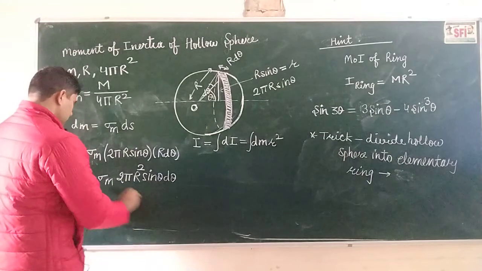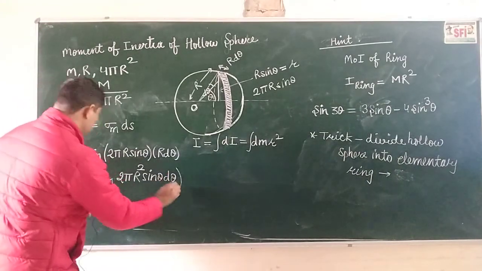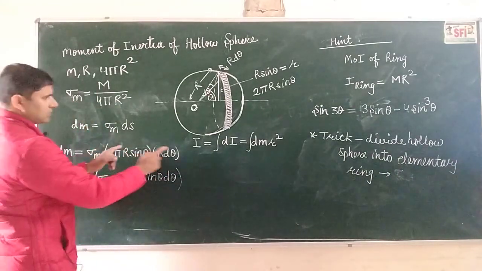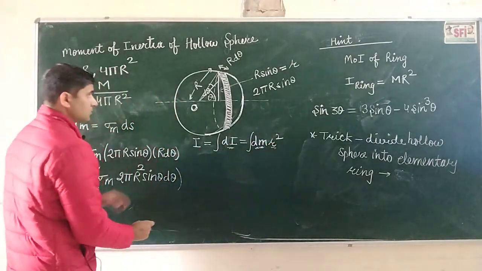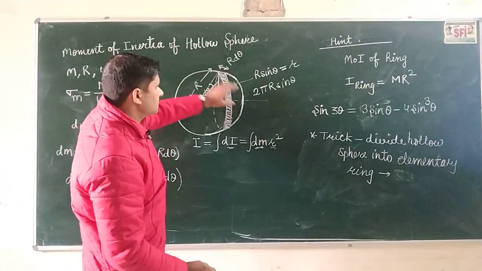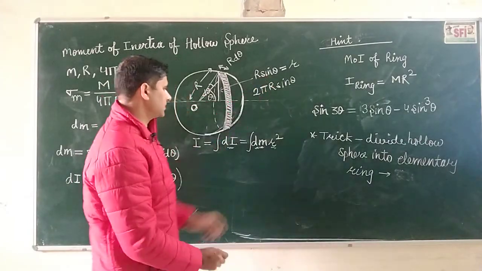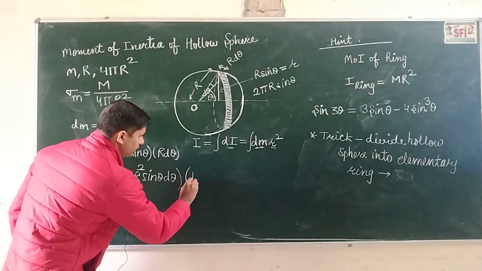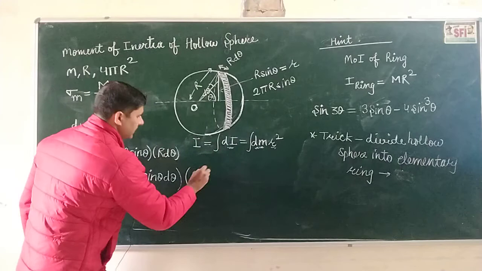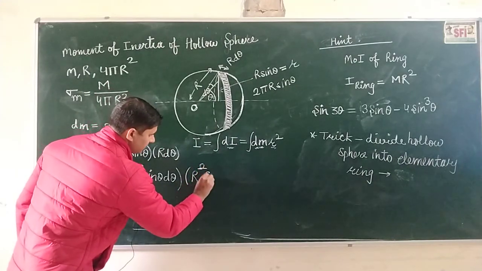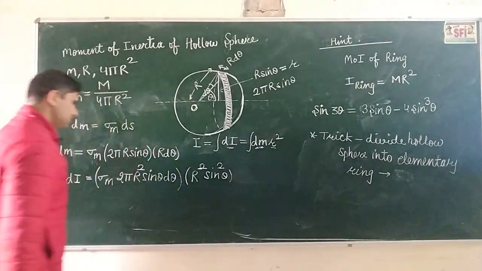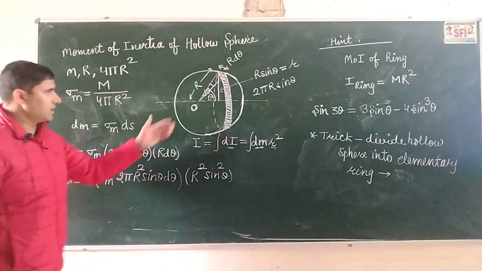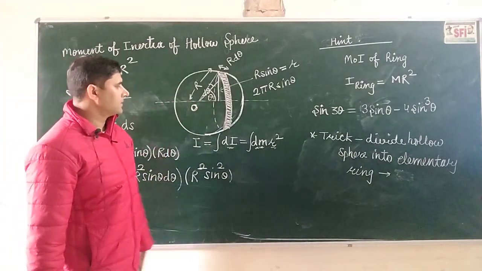Okay, this is the value of dm. Now you are to multiply dm by the ring radius square to find dI. So if you put the value, that will be capital R square into sin square theta. So this will give you the moment of inertia of this elementary ring.